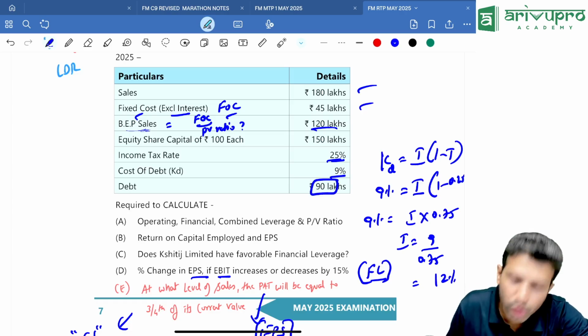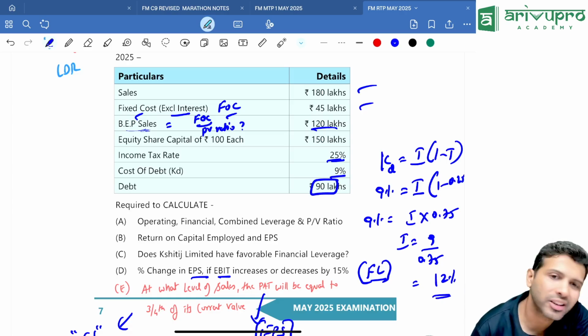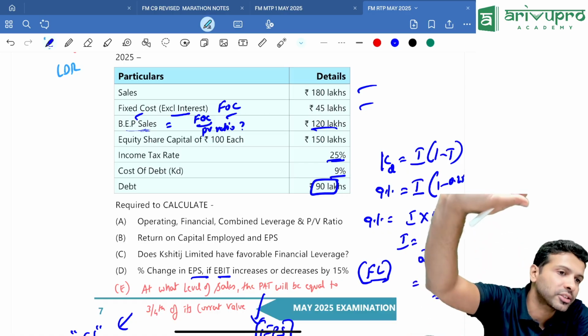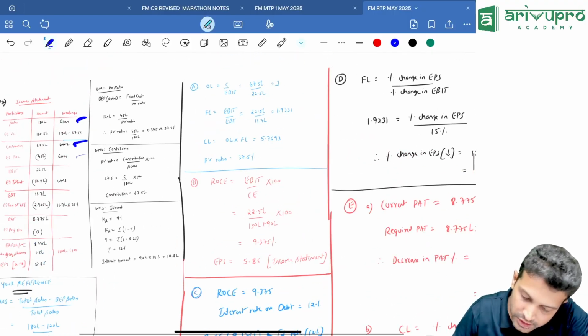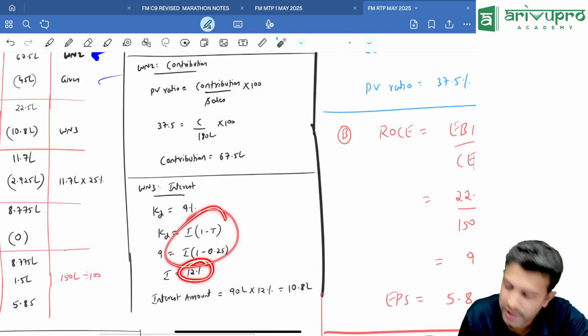You know the debt, and if you know the interest rate, you can find out interest. This is a good adjustment. That is what I've done over here. First, I found out the interest rate using the cost of debt shortcut formula, and I got the interest rate to be how much?